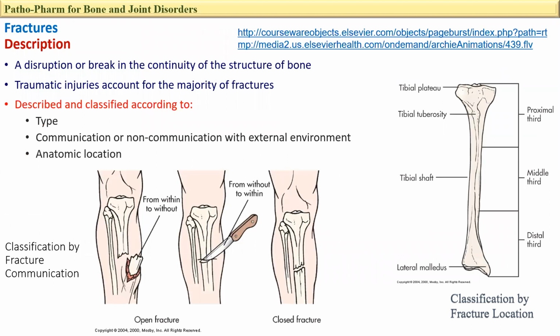The last section or component of this lecture will be on fractures. All of this will be pathophysiology, which covers the different types of fractures and different modalities for how to treat patients with different types of fractures. So a fracture is a disruption or break in the continuity of the structure of bone.